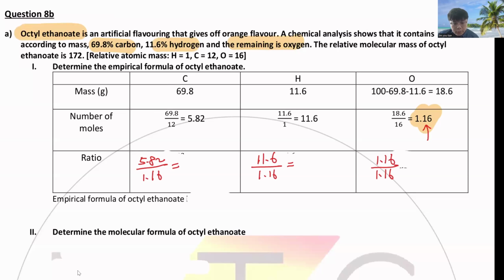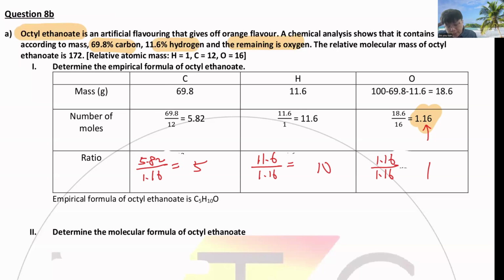So check the ratio. 5.82 divided by 6, we get around 5. You then get 10. You then get 1. So the molecular formula will be C5H10O1, like this. Then what else do they give you?